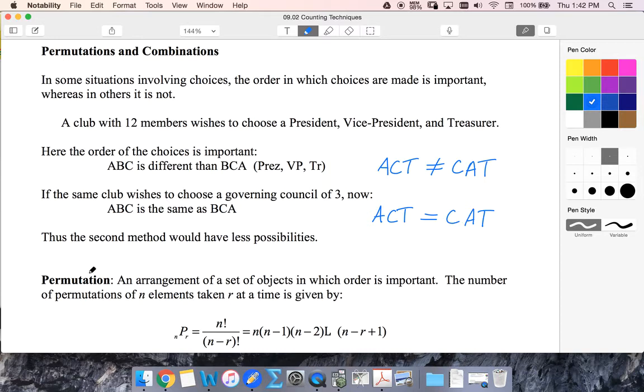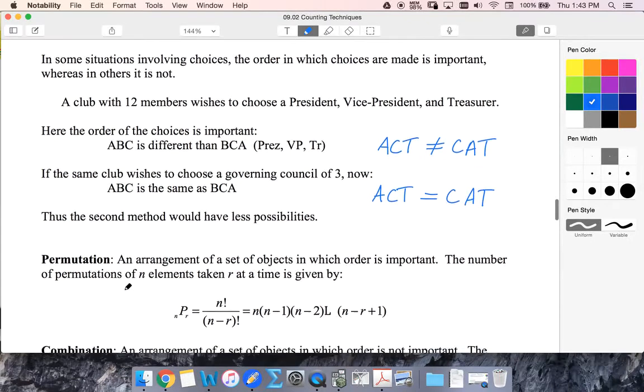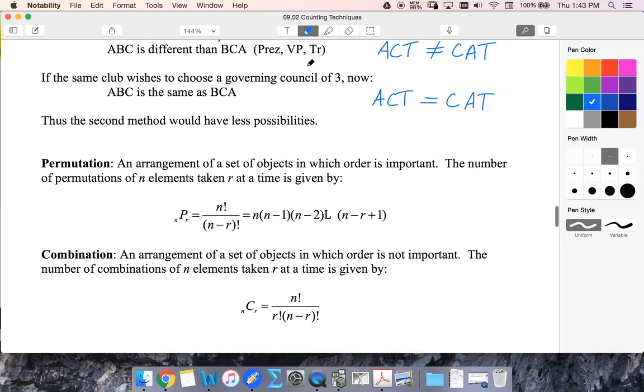So the way that we calculate this, here are our factorials coming back again. A permutation is where order matters. So permutation, order is important. And the formula for permutation, we say n pick r, and it's n factorial divided by n minus r quantity factorial.